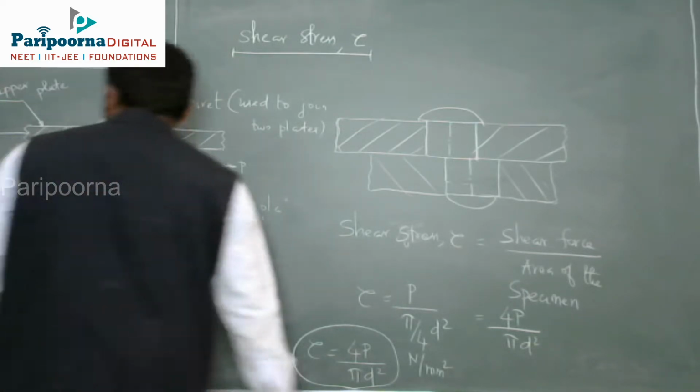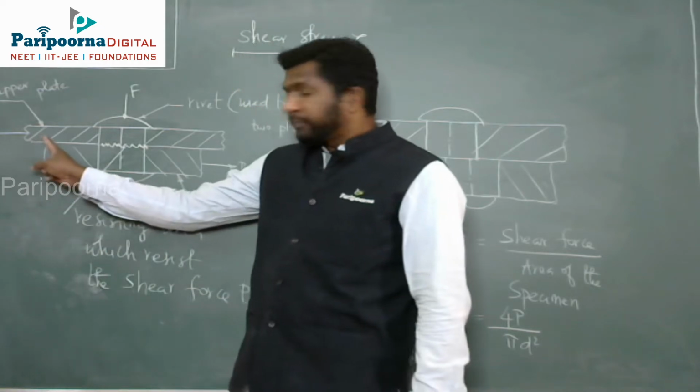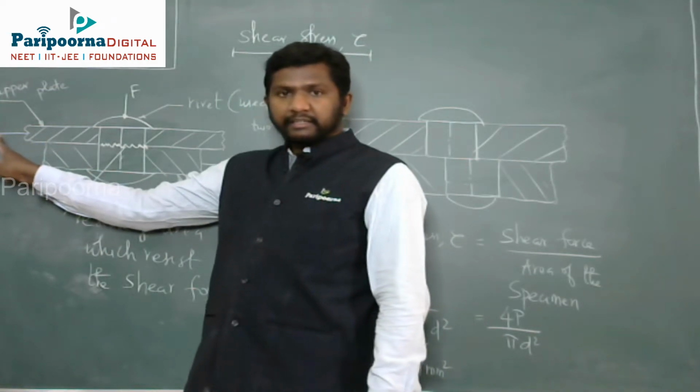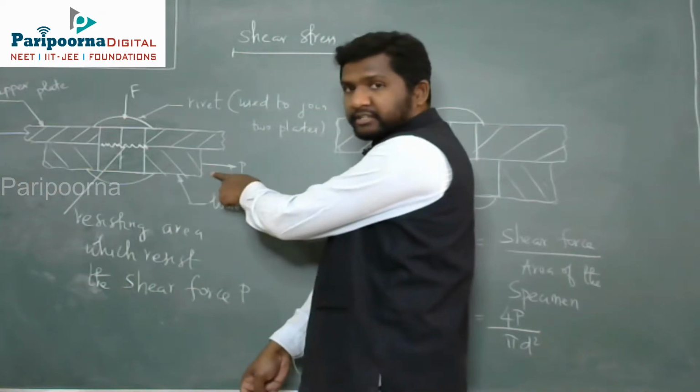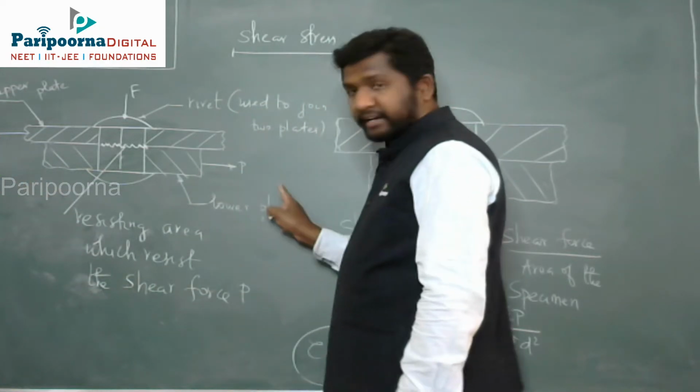The upper metal plate is applied with the tangential shear force P like this, and on the lower plate the force is applied like this.